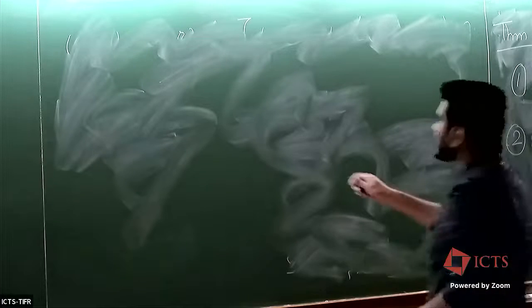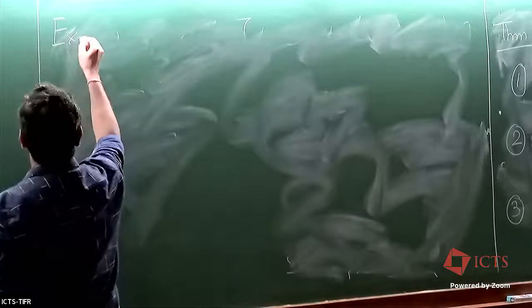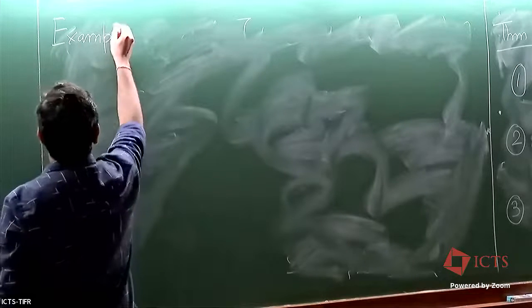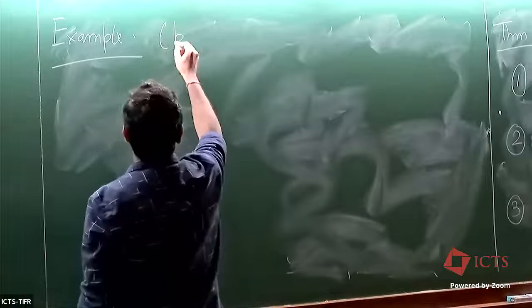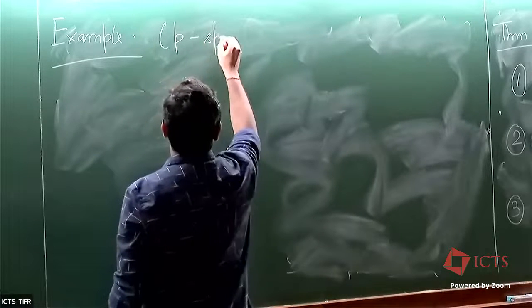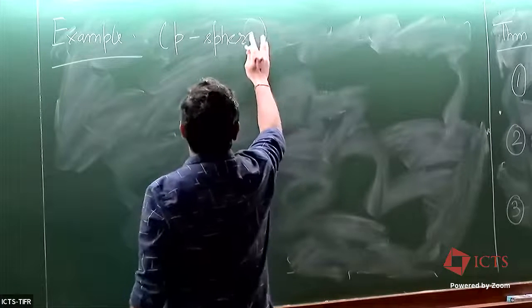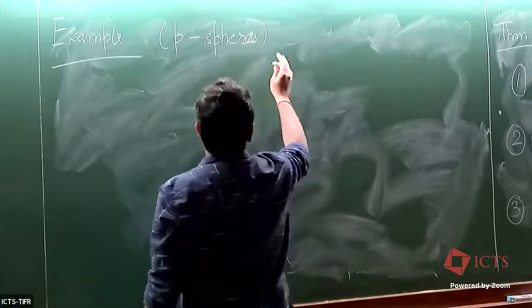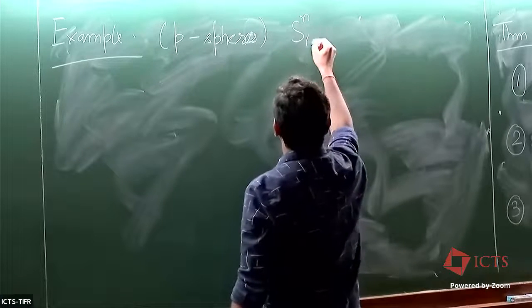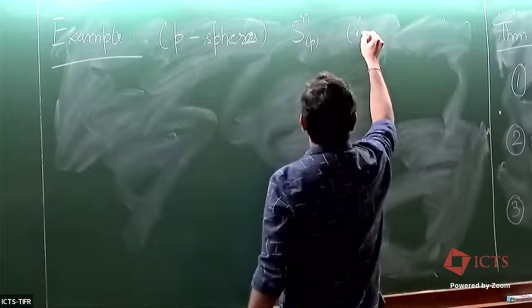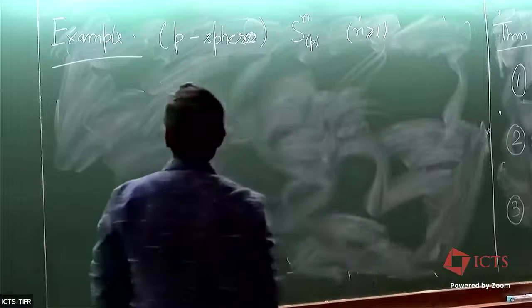Well, let's see one example. This is the P-localization of spheres, for n greater than or equal to 1.